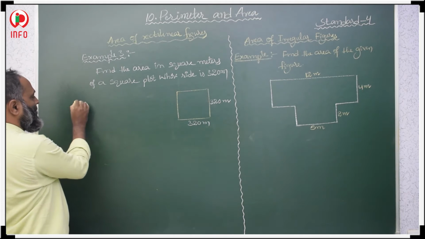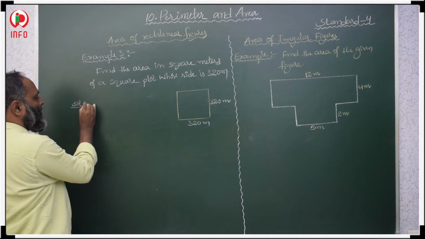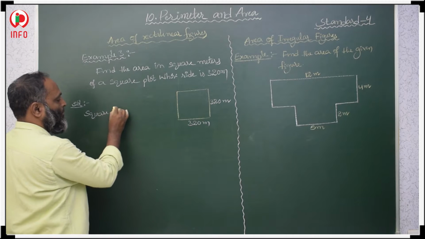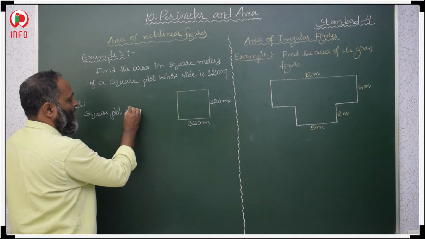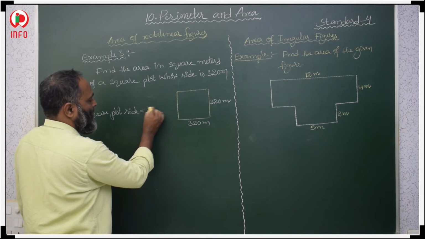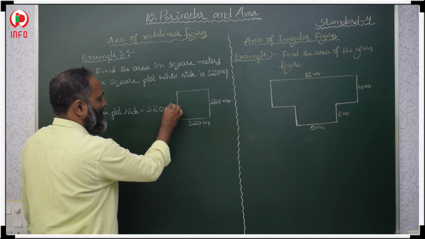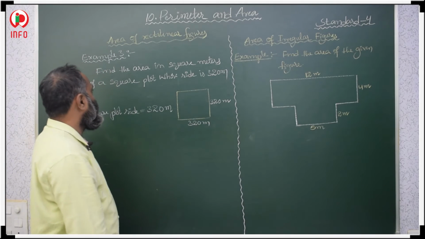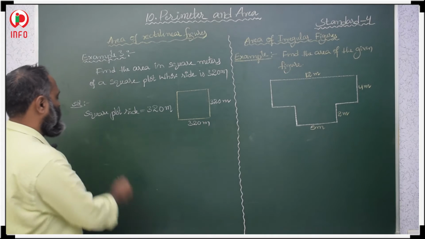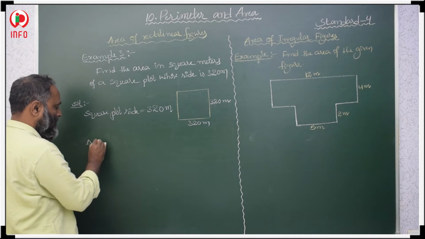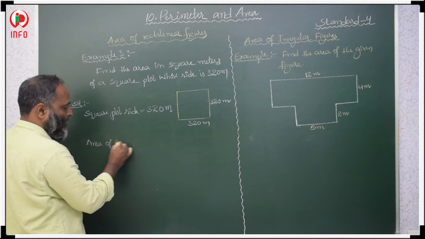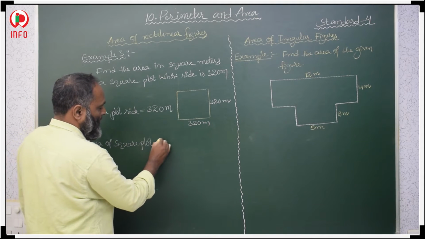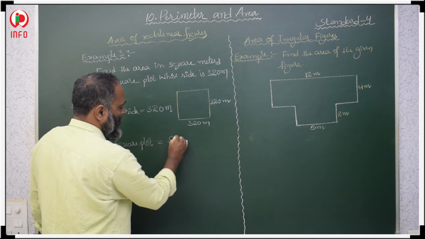Now, solution. The square plot side is 320 meters. This is the square plot side. Now, what do we have to find? The area of a square plot. Area of a square plot is side into side.